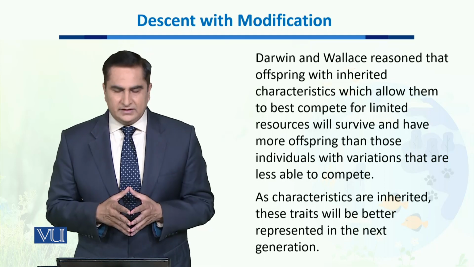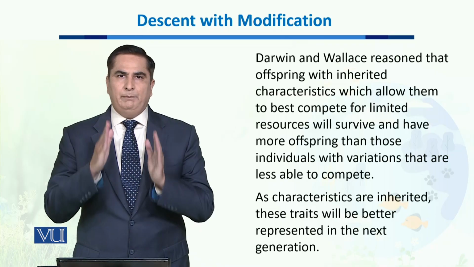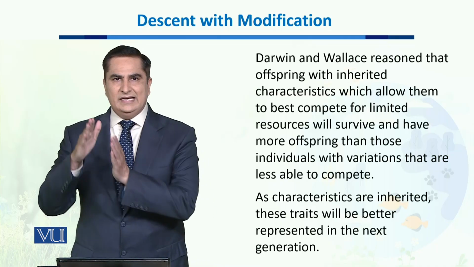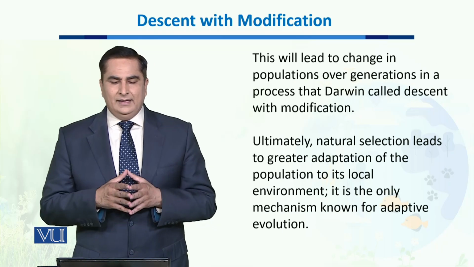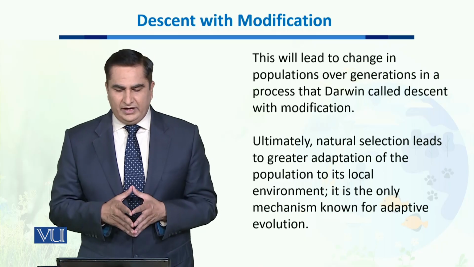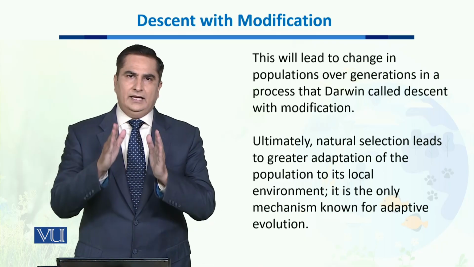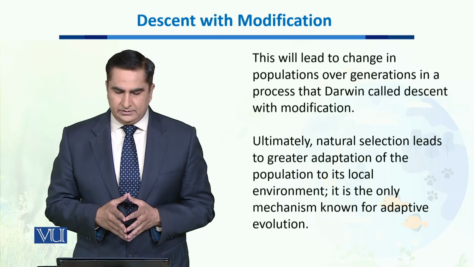As these characteristics are inherited, these traits will be better represented in the next generations to come. Now, this will lead to change in the population over generations in a process that Darwin called descent with modification.